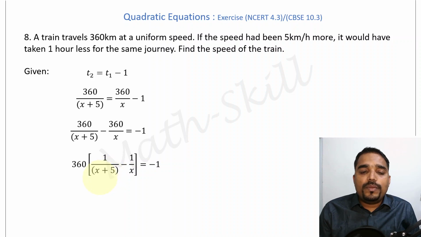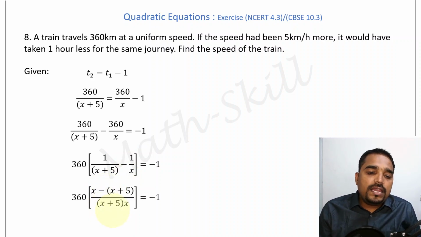Since the denominators of both the terms contain x, to take the LCM of such terms, multiply the denominator terms. That is, 360 into, in the denominator, x plus 5 and x multiplied. Now in the numerator we would be getting x minus of x plus 5.